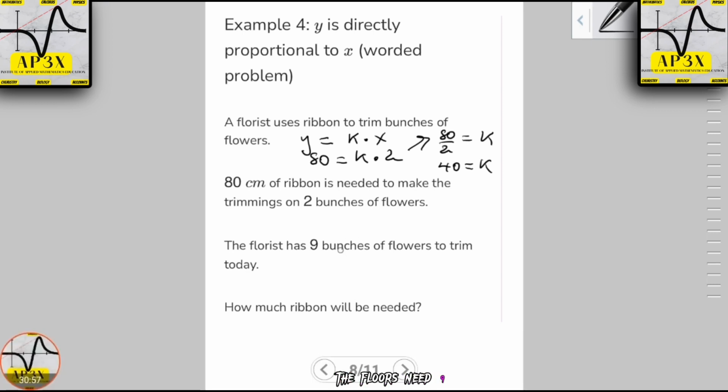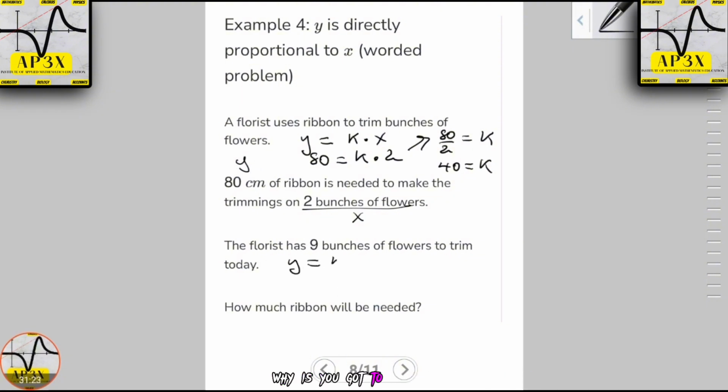The florist needs 9 bunches of flowers. So therefore, since bunches of flowers was x and the ribbon needed was y, they are basically telling us that x is 9. So the florist has 9 bunches of flowers to trim today. How much ribbon will be needed? So how much ribbon, which is y, is what you're looking for.